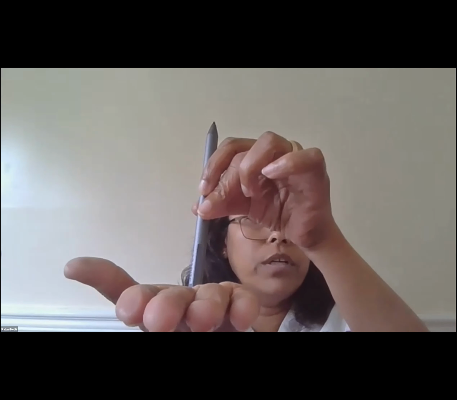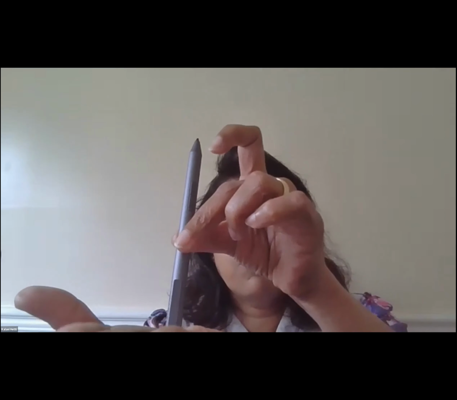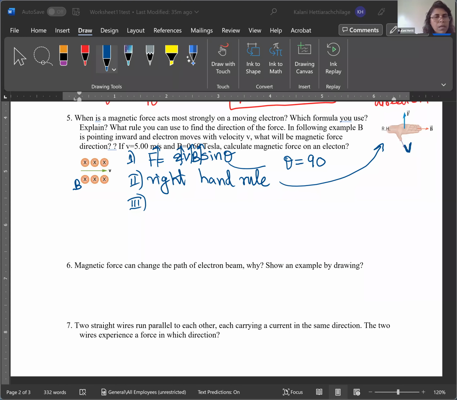My palm is pointing in the upward direction. This will be the direction of the magnetic force. B into the board, thumb to the right direction, and this is where my palm is pointing. Because of that, your answer will be upward direction.